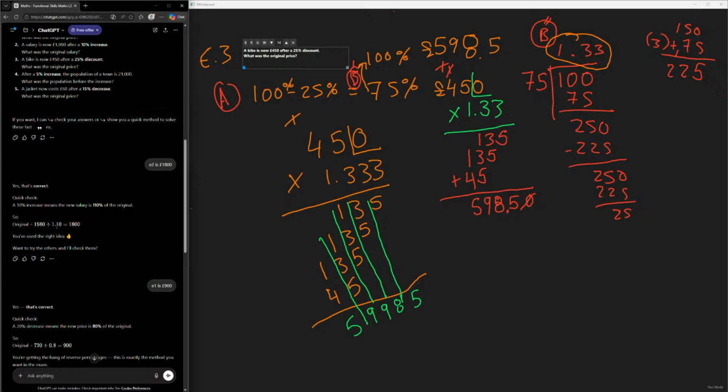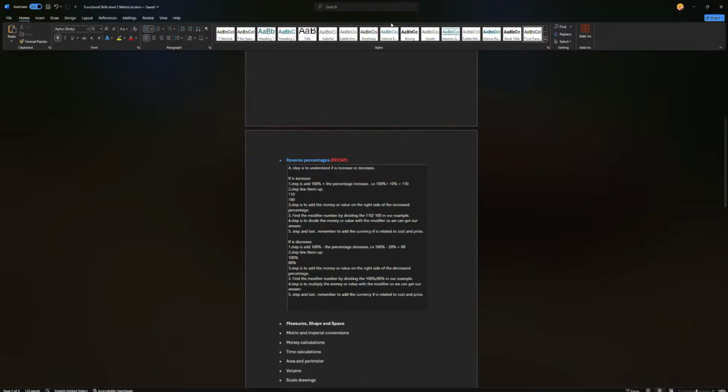How do you even do this? So you need to divide by the 100 this. So let's clarify our method here.